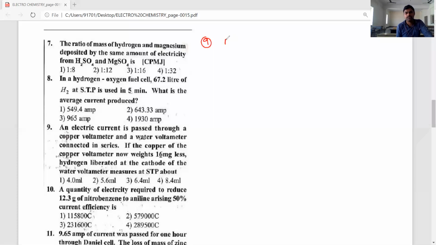According to Faraday's second law, the weight of copper deposited by the weight of hydrogen deposited is equal to the equivalent weight of copper by the equivalent weight of H2. This is nothing but copper 64 by 2, which is 32.